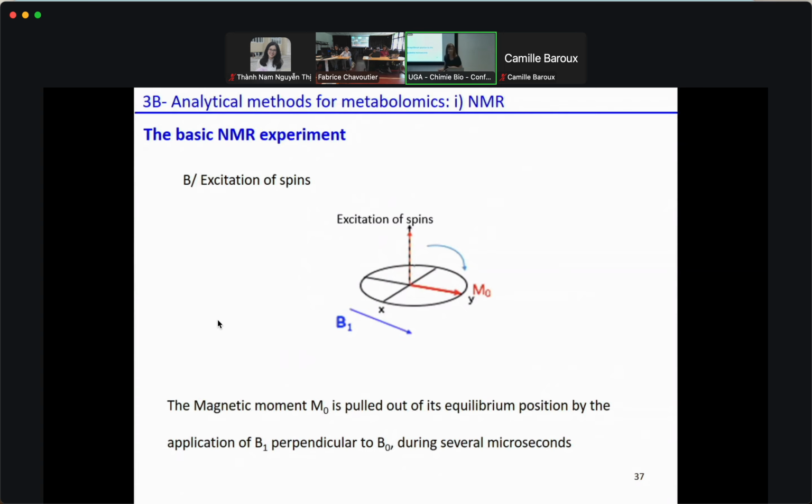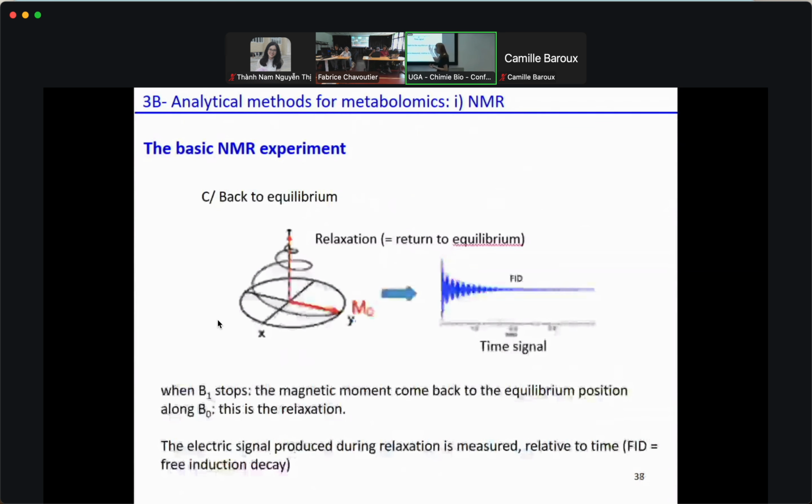When we stop the excitation, they come back naturally to the equilibrium position by doing this kind of movement, and the detector detects this kind of signal. This is the free induction decay. At the end the signal vanishes, because there is a loss of energy into the matter.